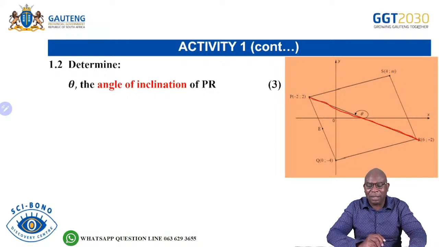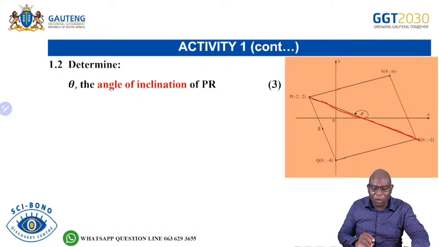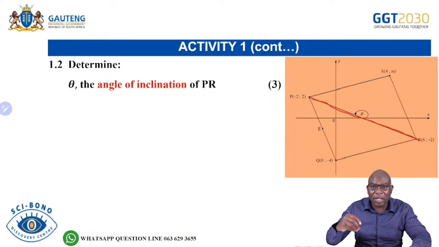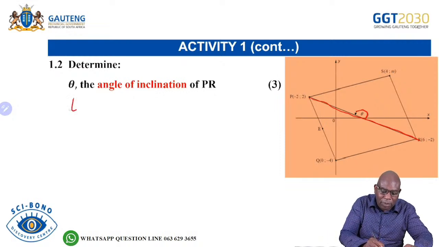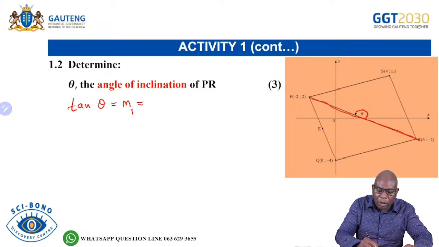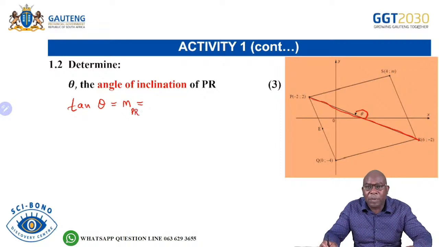So in other words, I must get the value of theta. And how do I get the value of theta? Inclination is an angle, so here is my theta, the inclination there. I need that angle. So remember, how do I get the angle? It will be the tangent of theta, which equals the gradient of PR, in this case because the line there is PR.